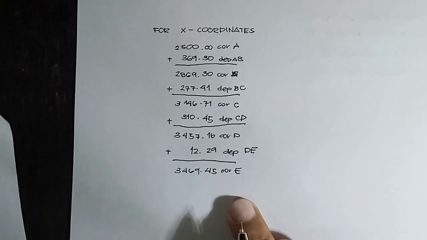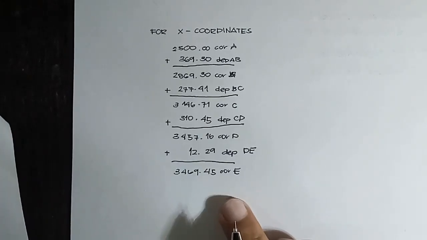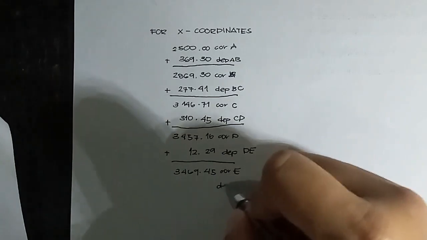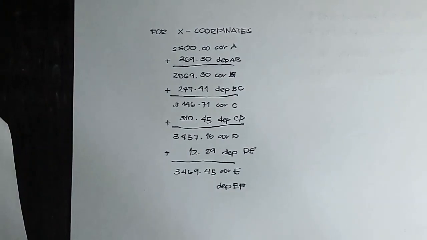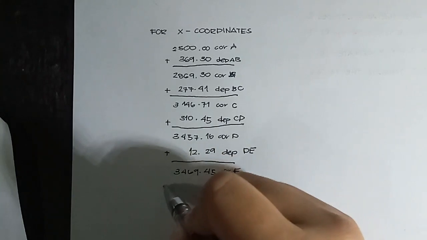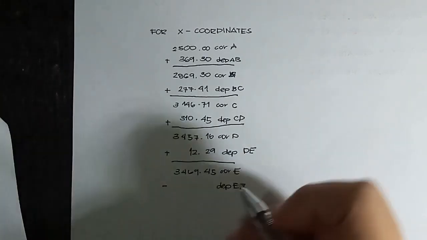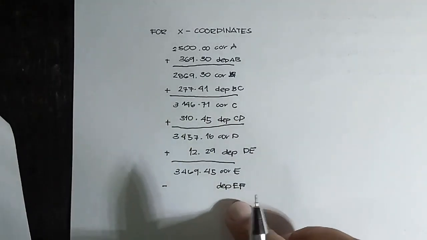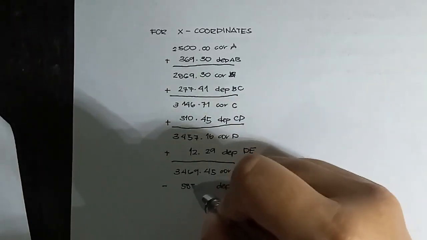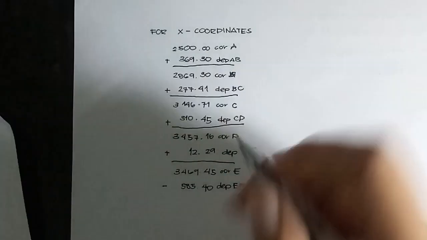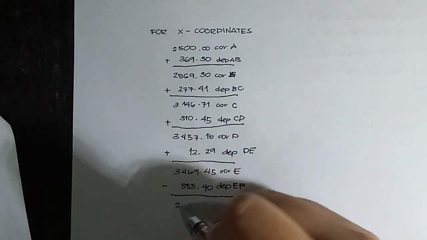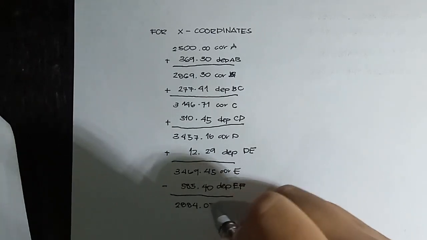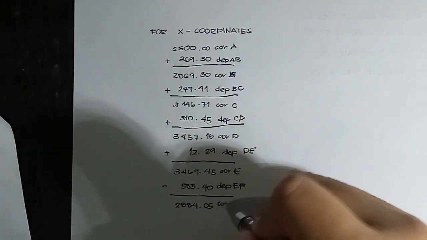So, next na nyan is yung value naman ng departure ng EF. So, makikita natin na yung departure ng EF is to west. So, ang mangyayari, magsusubtract tayo ng value nung departure na yon, which is 585.40. So, ang magiging sagot niyan is 2,884.05. So, ayan na yung value natin.